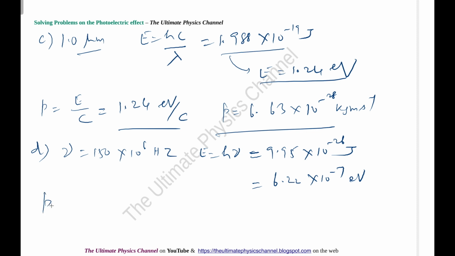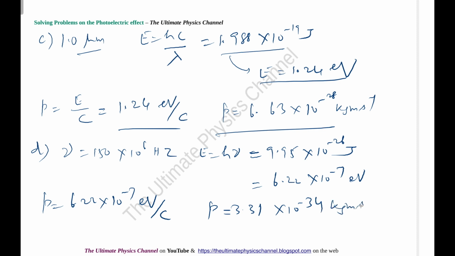Momentum, therefore, P is equal to 6.22 into 10 power minus 7 eV over c. And then momentum in kg meters per second units, we'll do it as 3.31 into 10 power minus 34 kg meters per second units. So these are the required values.